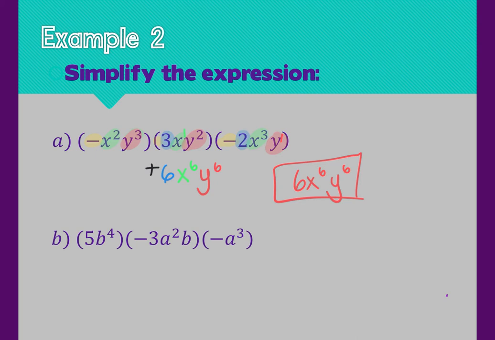All right, next. How do you get the positive 6? For the coefficient? The positive 6 at the front, you mean? How is it positive, or how is it 6?